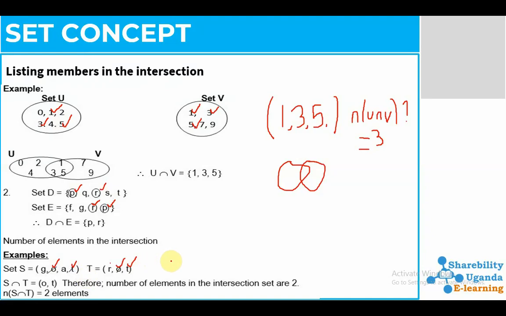If you are asked how many members, we said we use n(S intersection T). That means the number of members in S intersection T. You just count them after you've listed them: 1, 2, 3. Here we said these are the members we listed in our sets U and V. There are 1, 2, 3. That's why we come up with 3.